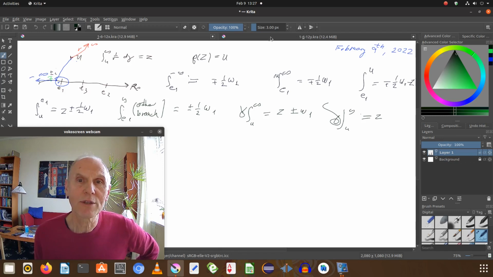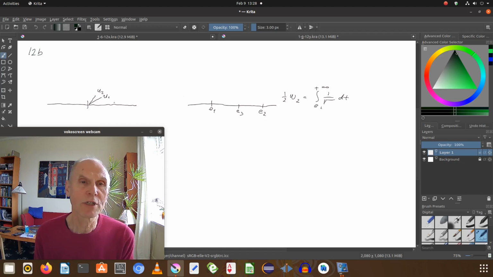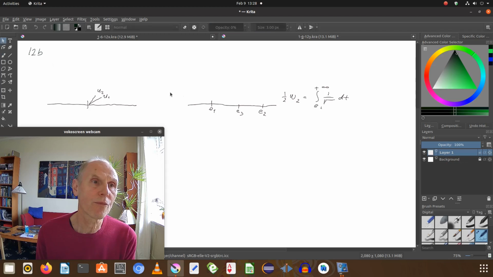So let's look at the question 12b. So we have a lattice given by u1 and u2, where it turns out that all the roots are real. Then we have the two values, omega 1 and omega 2, given by these two integrals of 12b.